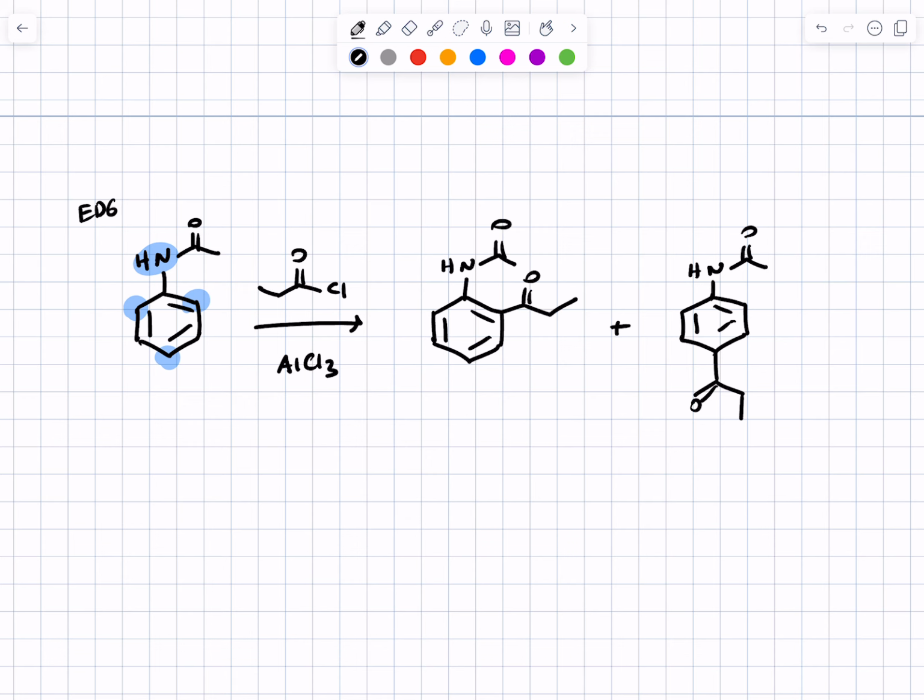Okay? And so on a predict-the-products question, those are the two products. In a synthesis question, you can use whichever you need, either the ortho or the para, and assume that you can separate them easily.